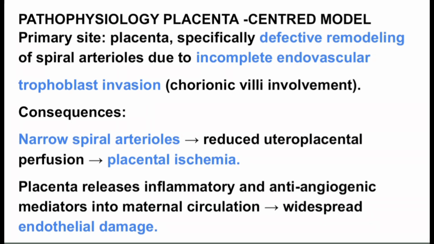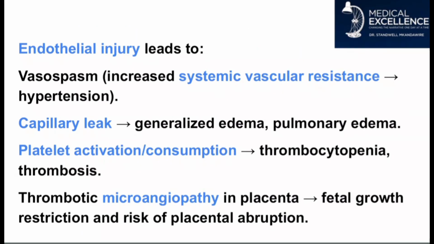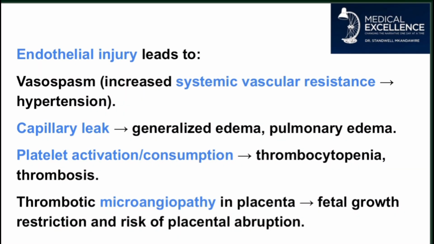So all these factors bring about endothelial damage, which in turn will cause a widespread multifactorial end organ dysfunction, meaning that it will target every part of the body. Okay, so it will start from the CNS all the way to the foot. So the endothelial damage happens almost in every organ. So there's vasospasm, so there's increased systemic vascular resistance.